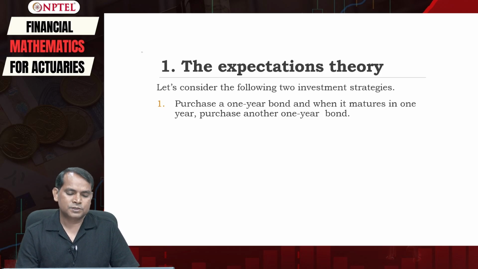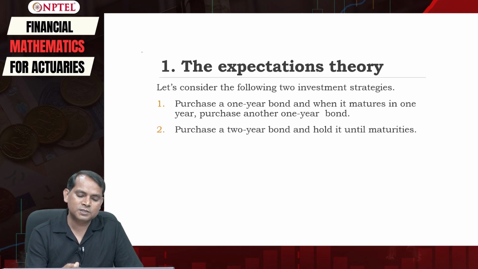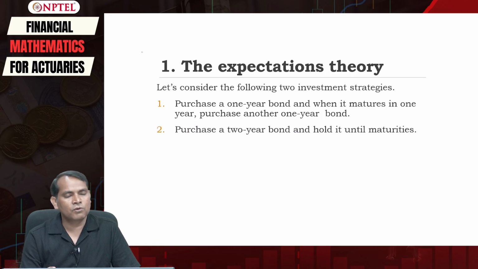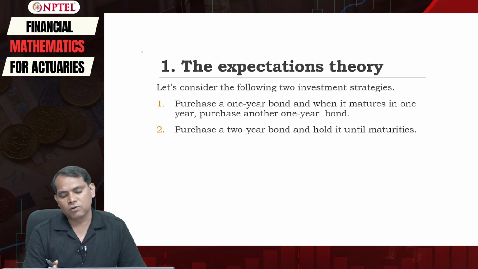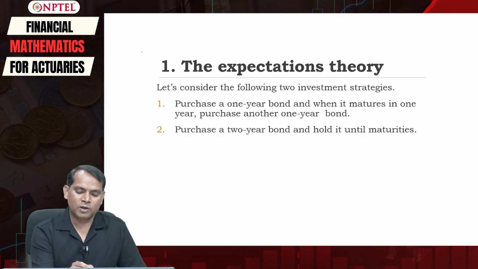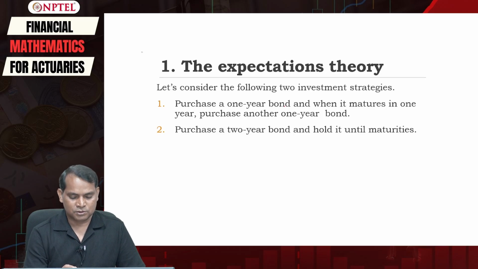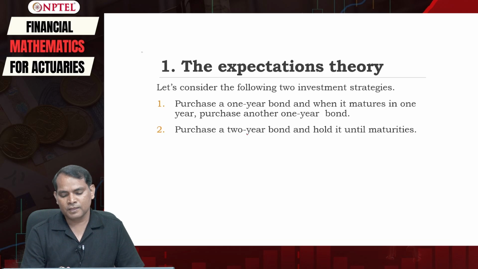Strategy number 2 says to purchase a 2-year bond and hold it until maturity, in which case here we will assume that this 2-year bond is a long term bond, while the 1-year bond is the short term bond.